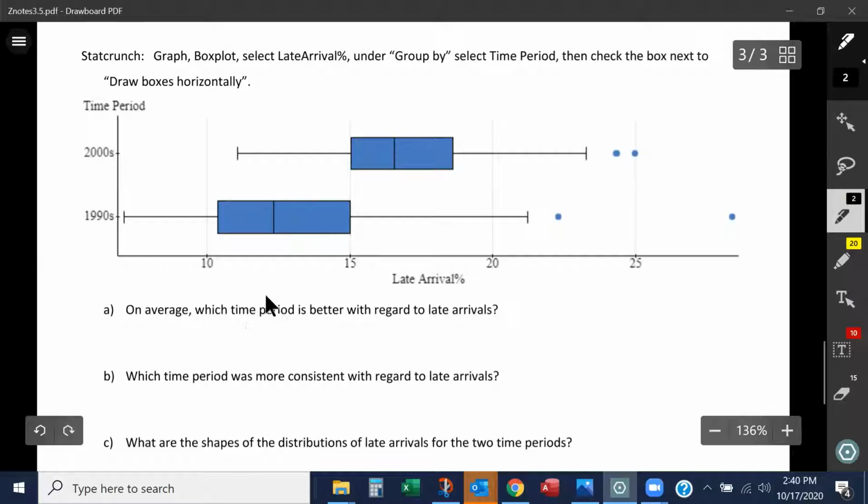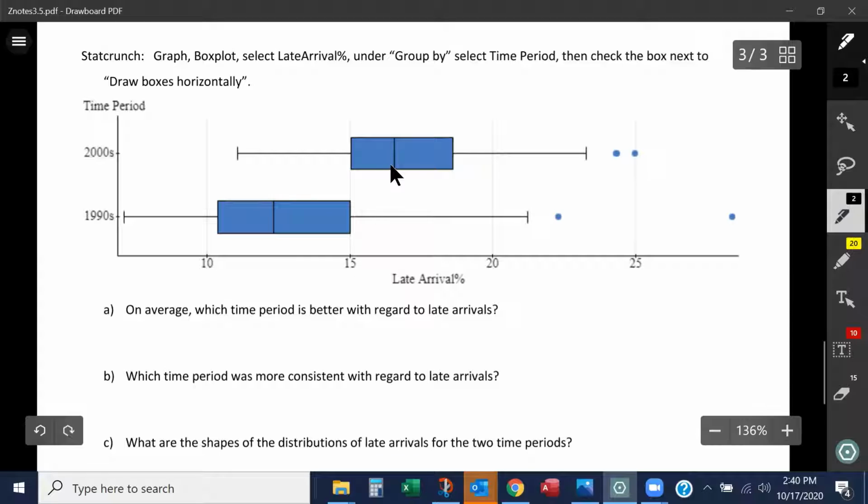So we would look and see we have here that the median percent late for the 90s is not quite 12.5. I mean, this whole tick is between 10 and 15. So maybe it's like 12, but somewhere between 12 and 12.5% of the flights were late.